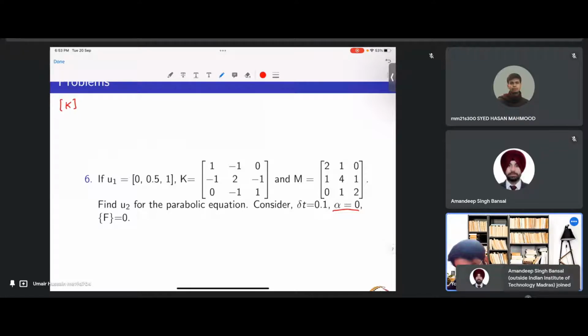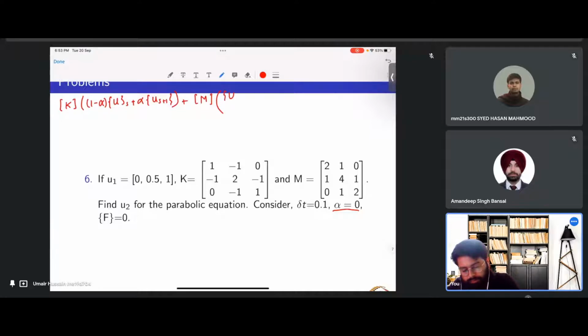We have k times (1 minus alpha) u s plus alpha u s plus 1, plus m times we have the derivative term, so we write u s plus 1 minus u s on delta t, and then since we are given the force vector 0, we have the right side 0. Okay, so alpha equals 0 here, right?